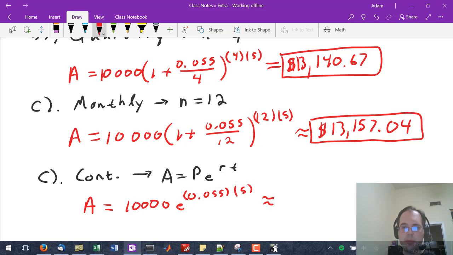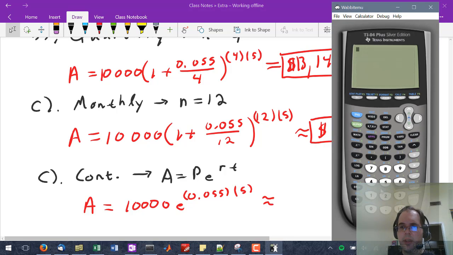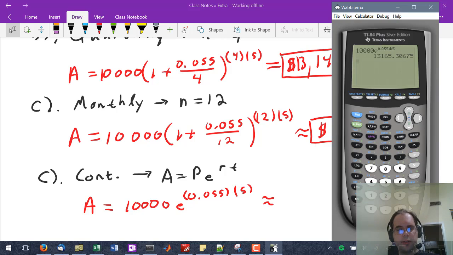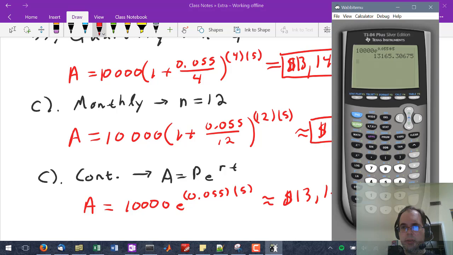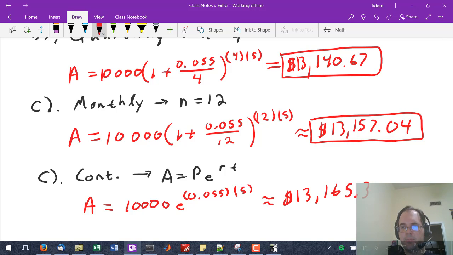With continuous compounding, I'll go over to the calculator, put in 10,000, then second, ln, 0.055 times 5. Okay, and now we get a little bit bigger this time: 13,165.31 if we round to the nearest cent.